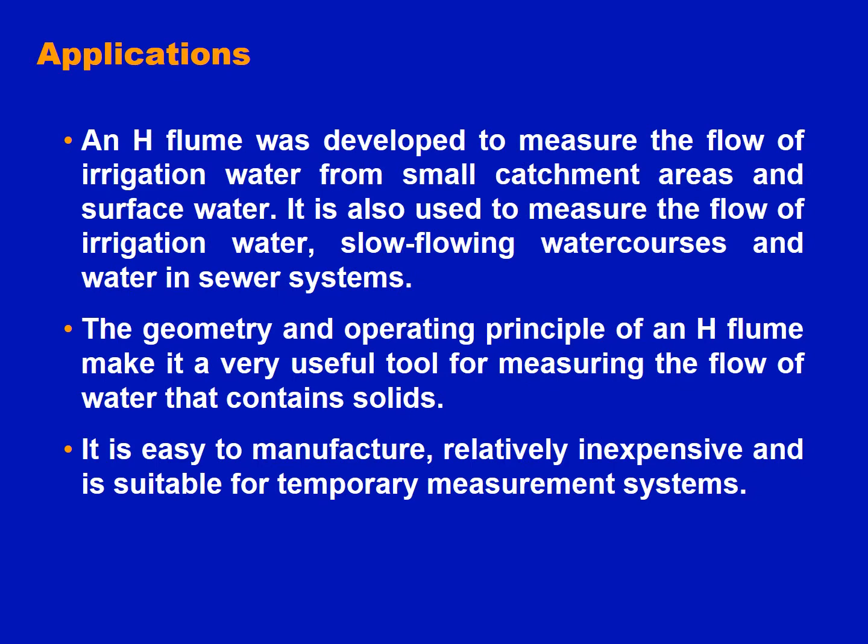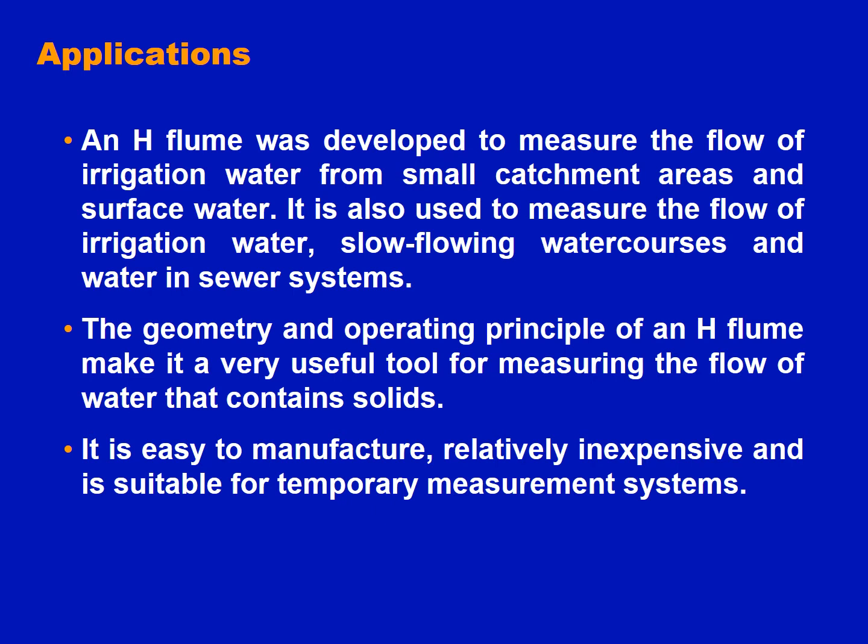Now, the H flume was developed to measure the flow of irrigation water from small catchment areas and surface water. That means, in short, suppose water is coming from a large area, so we have to collect it at one place and measure the discharge. It is also used to measure the flow of irrigation water, slow flowing water courses and water in sewer systems.